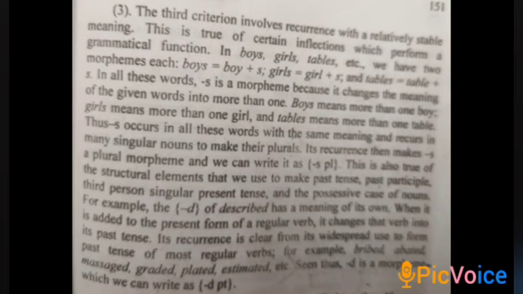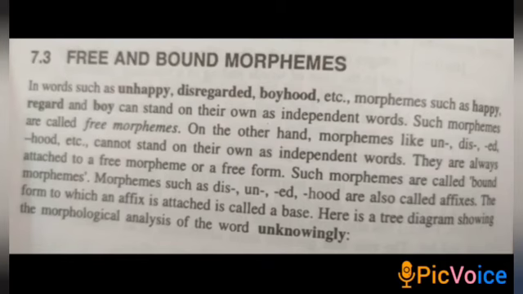Such morphemes are called free morphemes. On the other hand, morphemes like un, dis, ed, hood, etc. cannot stand on their own as independent words. They are always attached to a free morpheme or a free form. Such morphemes are called bound morphemes.